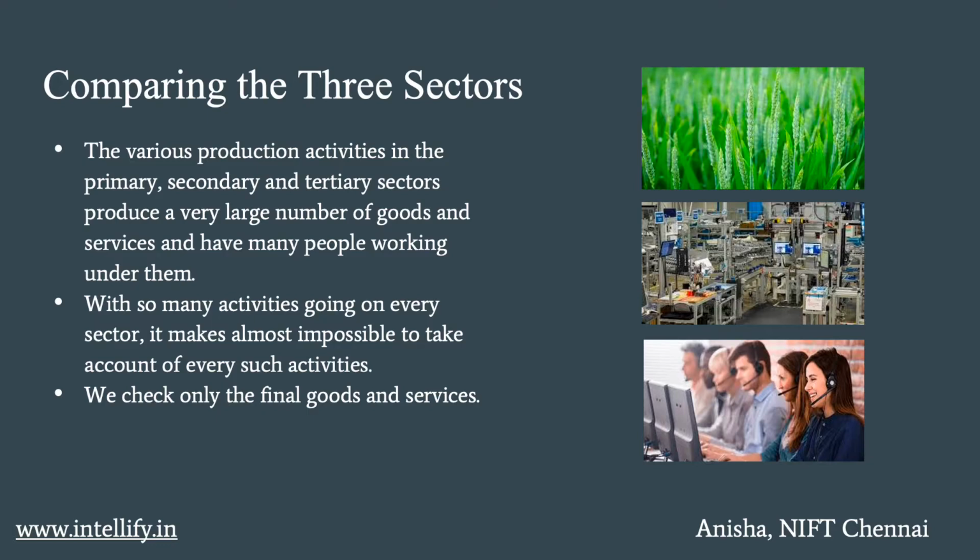But there is one precaution to be taken while evaluating. We only include the final goods and services, since the value of the final goods already includes the value of all intermediate goods that we used in making the final good.